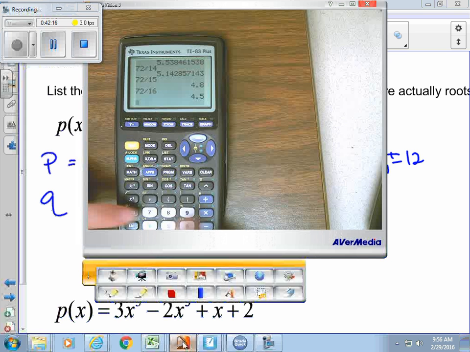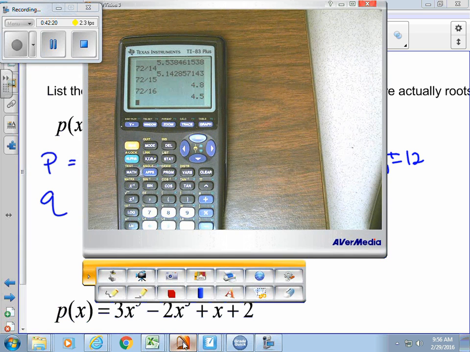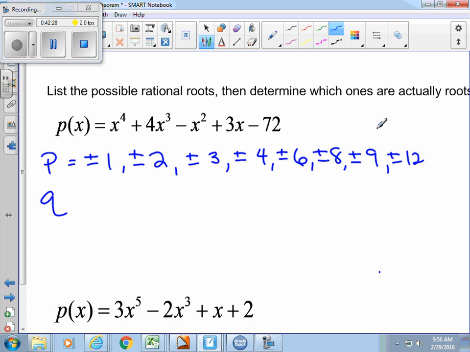And then when I get to 18, I'm going to stop checking because I know 18 works and 24 works. That goes back up the list. So I've got 12. What was the next one that worked? 18. 24, 36, and 72.